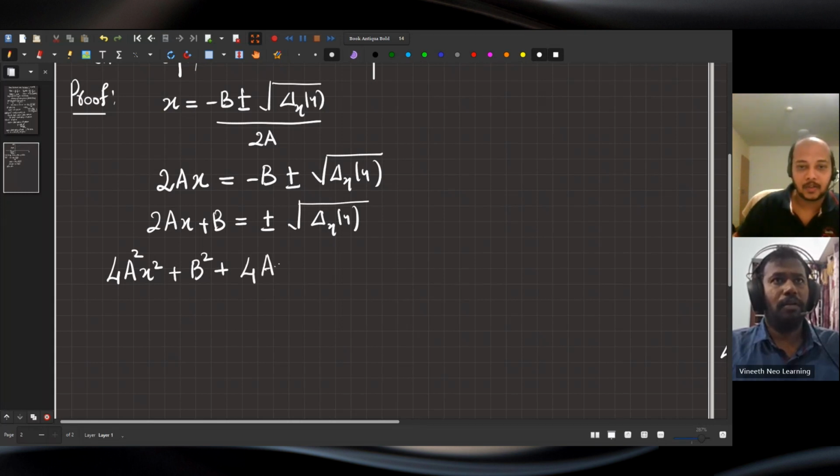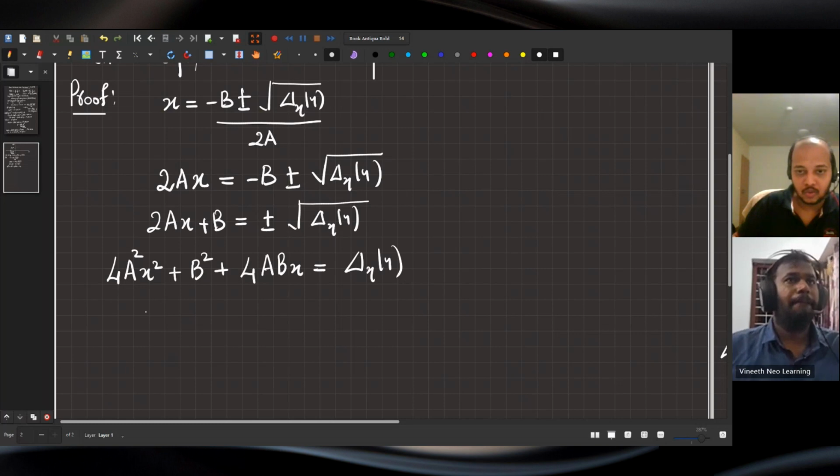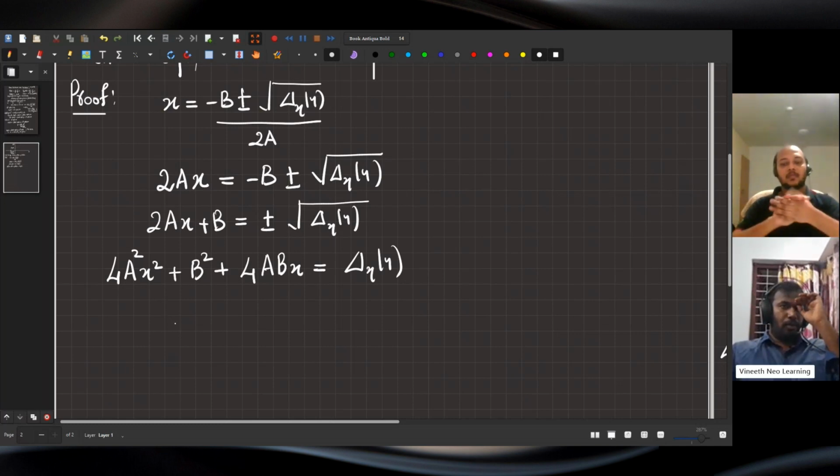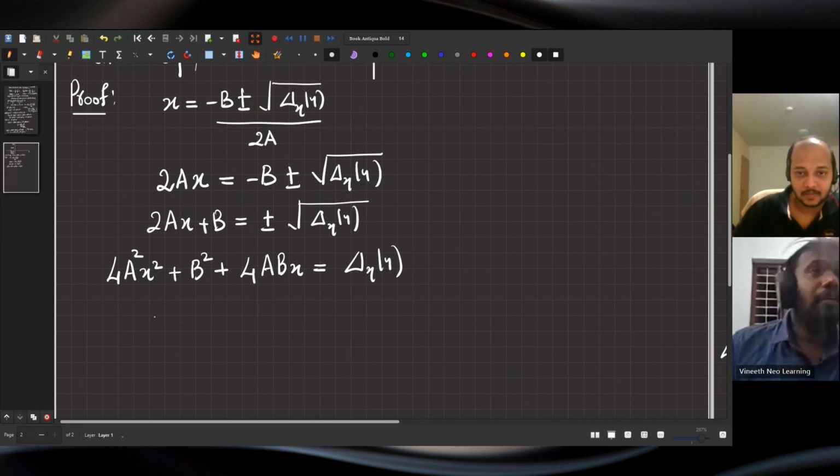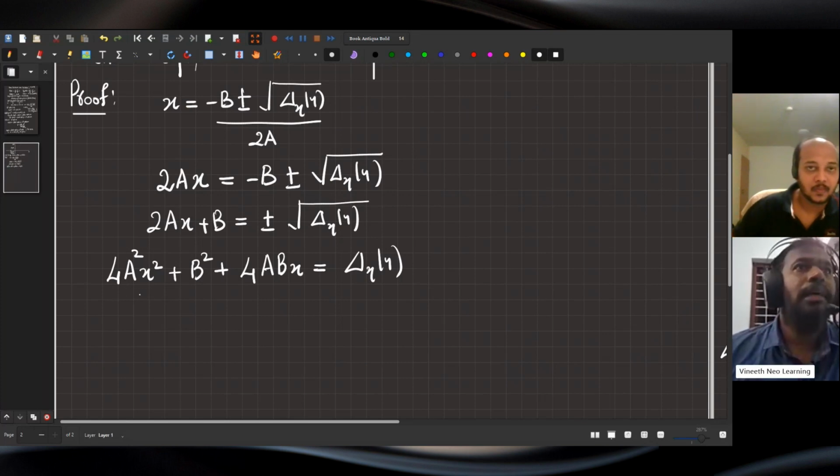So that will be equal to 4a squared x squared plus b squared plus 2 times 2ax times b, that is 4abx.